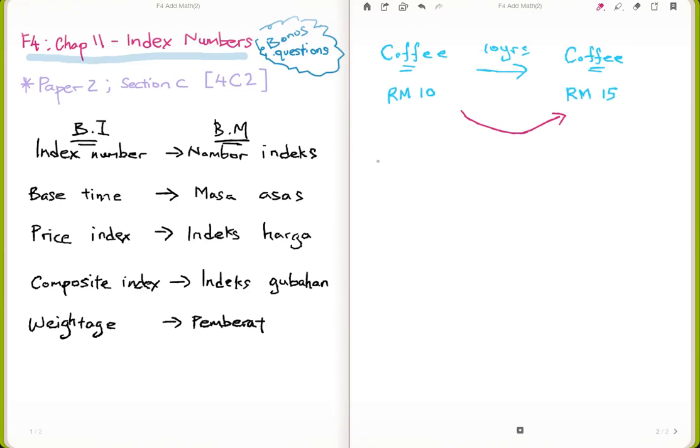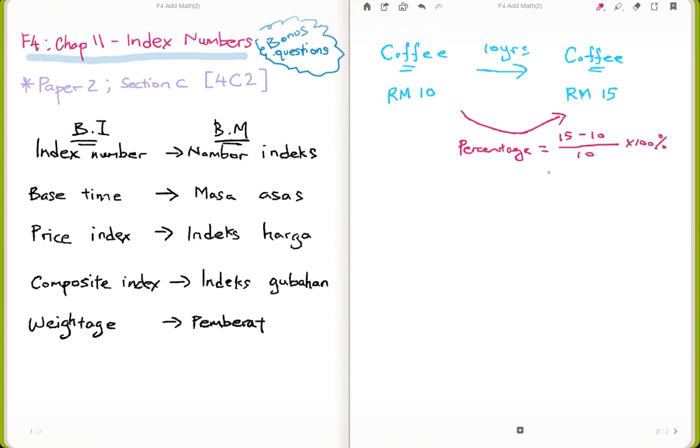So, if you want to calculate the percentage, that would be final 15 minus initial 10 over initial, isn't it? This is what you have learned 2 years ago or last year in lower form. Right? And then you need to times 100%.